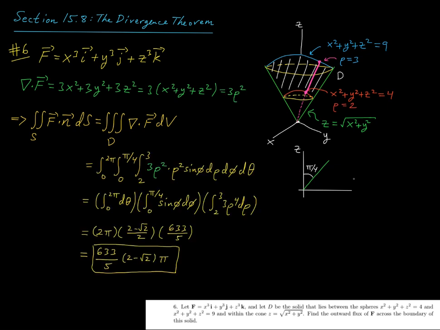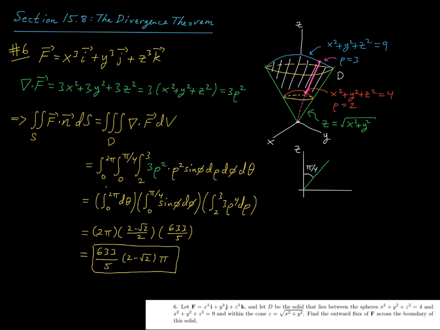Okay, so we go ahead and put all of that in. Here are our bounds on rho, phi, and theta. Our integrand in spherical coordinates is going to be what? Well, the divergence is going to be 3 rho squared, and then we have this rho squared sine phi, and that comes from the volume element in spherical coordinates.